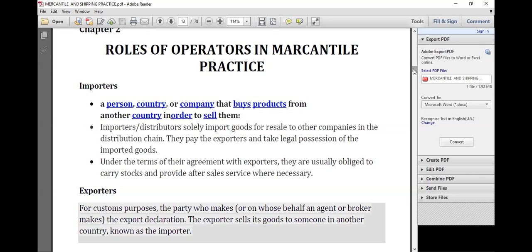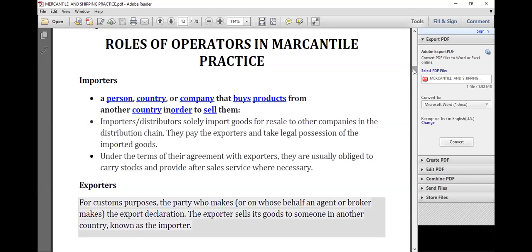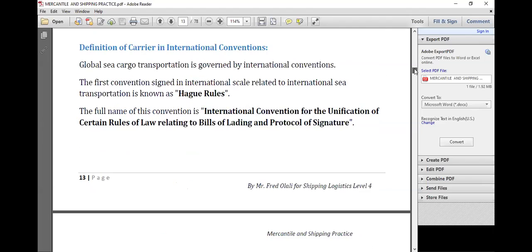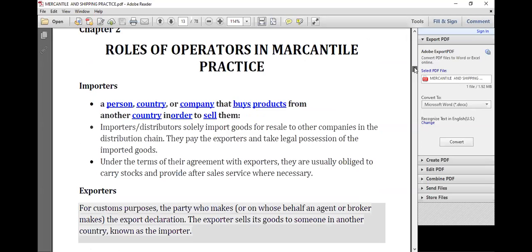Now, there are those people called exporters. In simple terms, these are people who take goods away from our country and sell them to a foreign land. In short, their clients are in another foreign country. So they engage in international trade by selling what they have locally to the international client.